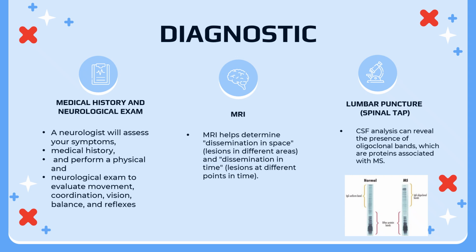Okay, and a lumbar puncture is done to reveal the presence of oligoclonal bands, which are proteins released during multiple sclerosis. You must know that this is something related to your multiple sclerosis.